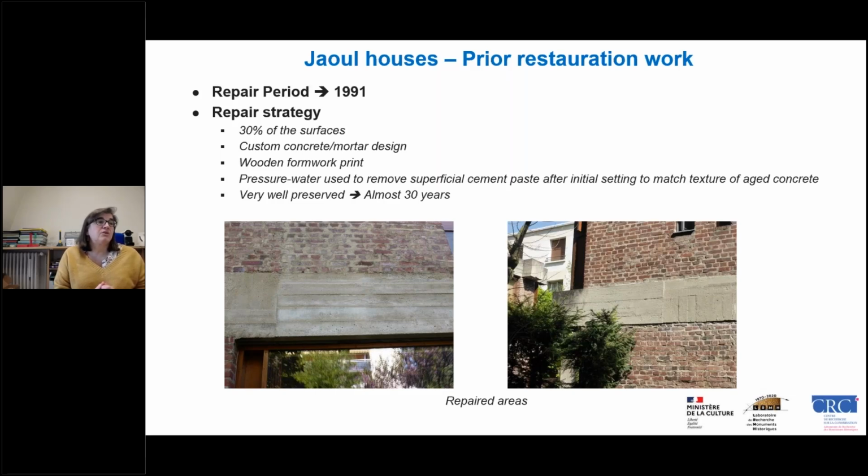And it was quite well preserved. We've got almost 30 years of durability of those repairs. You can see here some of the repairs after 30 years that were quite in good shape.